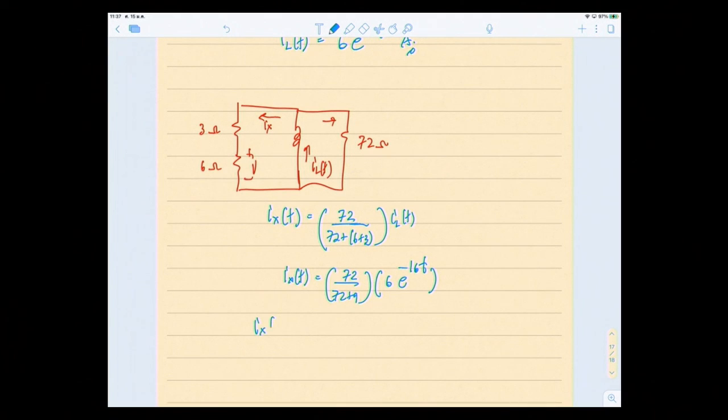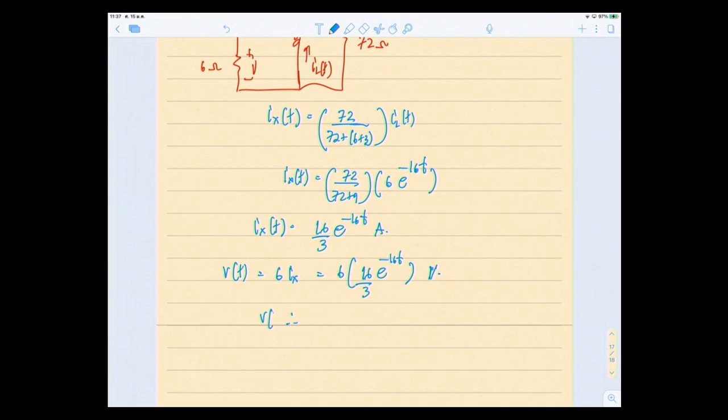So Ix of t is 16 over 3 e to the minus 16 t amps. Therefore, V of t is equal to 6 Ix, so 6 times 16 over 3 e to the minus 16 t volts. So V of t equals, sorry, 32 e to the minus 16 t volts.